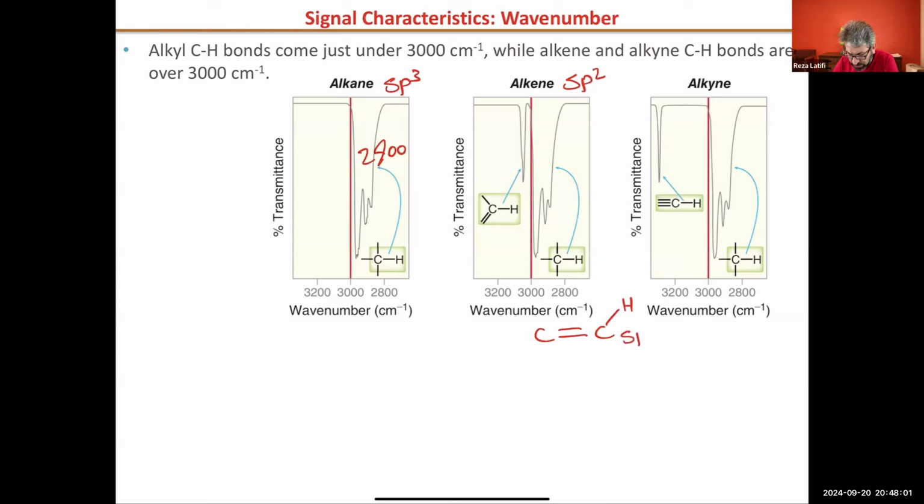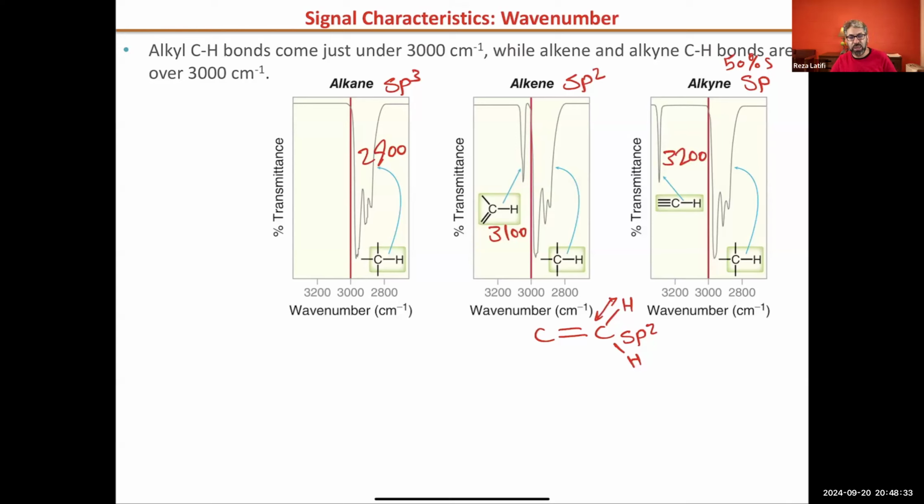This carbon is sp2, and because it's sp2 hybridization, the bond is going to be shorter. Now that it's shorter, it will cost you more energy, around, say, 3100. And if it's alkyne, that's going to be sp. You have 50% S character. You need to spend way more energy to vibrate or stretch that bond, and in this case, it's showing up around 3300.